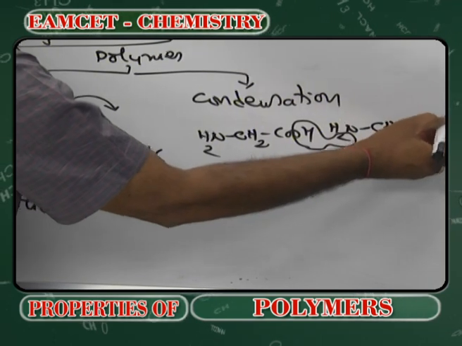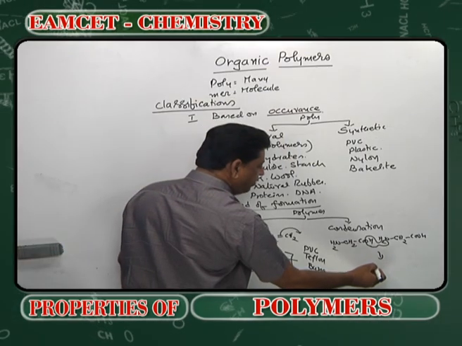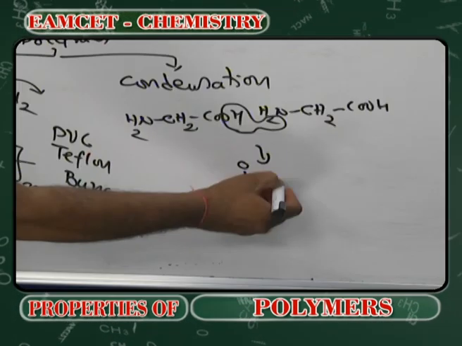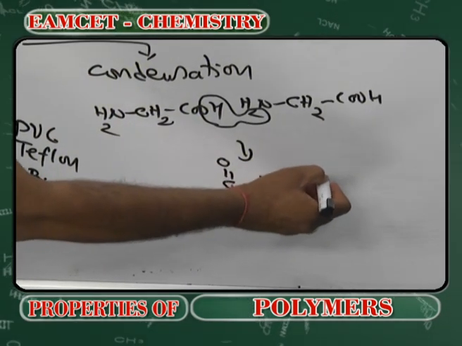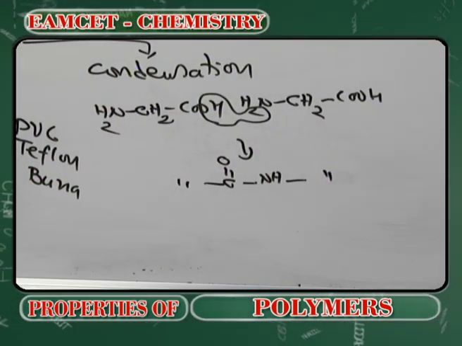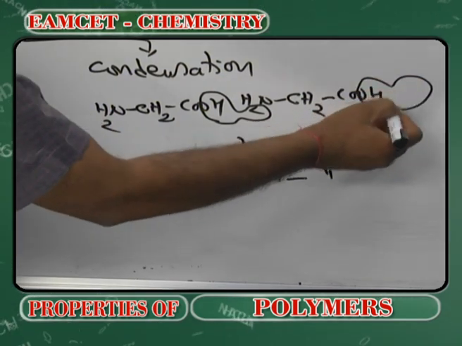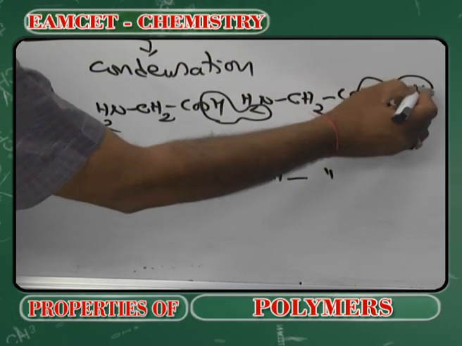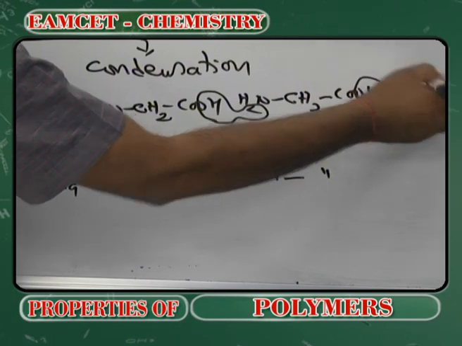Then a CONH bond is formed and they are linked. The COOH again reacts with the hydrogen of another amino group, and so on, it continues.